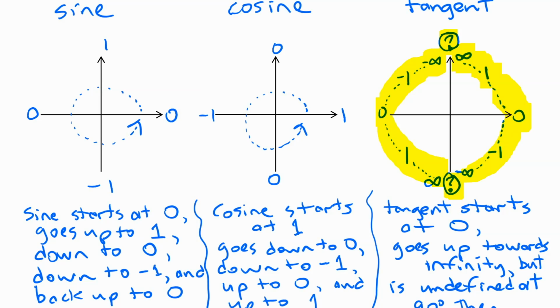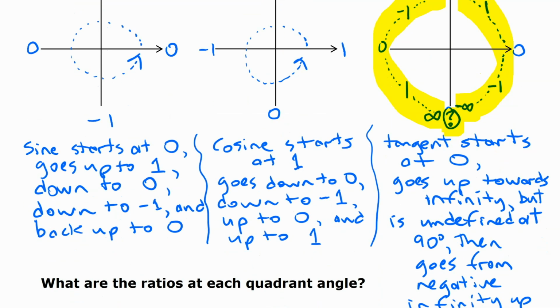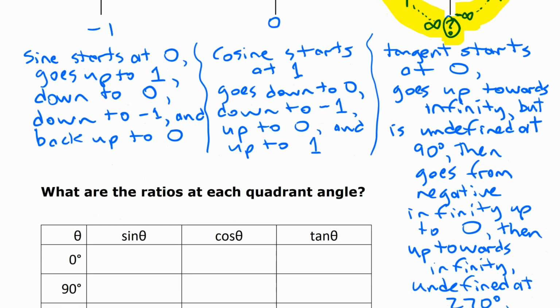So actually tangent goes from -infinity all the way up to +infinity, is undefined, -infinity up to +infinity, is undefined. It just keeps repeating that pattern, like that, which I've written out here, whether that means anything to you or not.